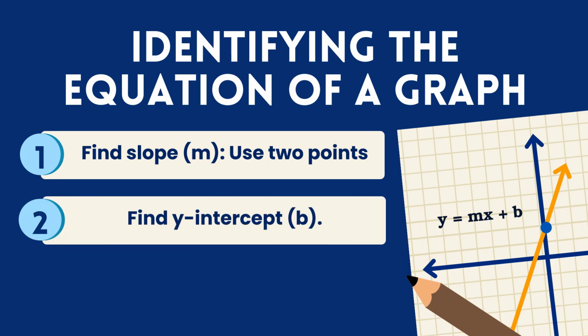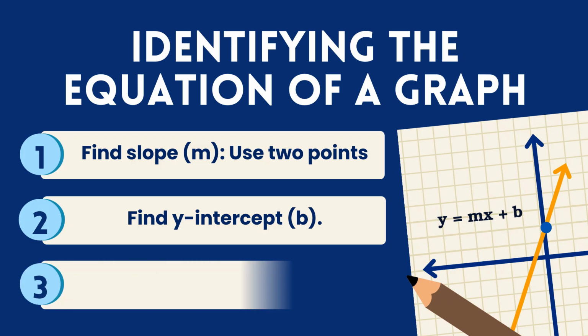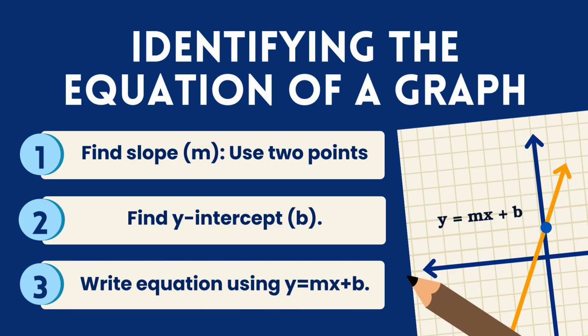Second, find the y-intercept, or b. See where the line crosses the y-axis. Third, write the equation. Substitute the slope and y-intercept into the slope-intercept form y = mx + b. Let's practice these steps and turn a graph into its equation.